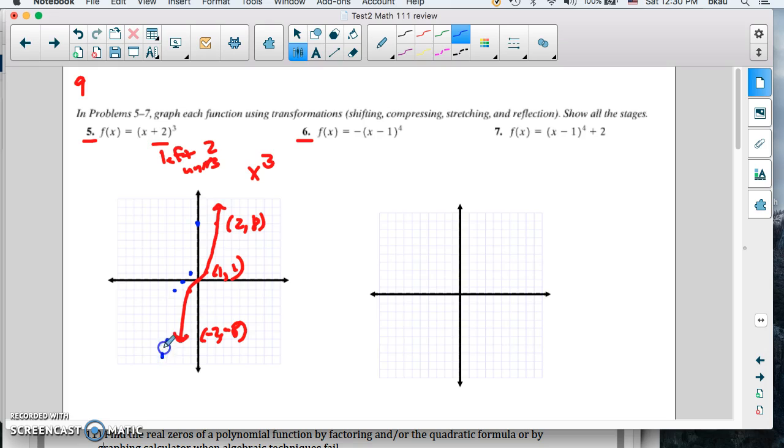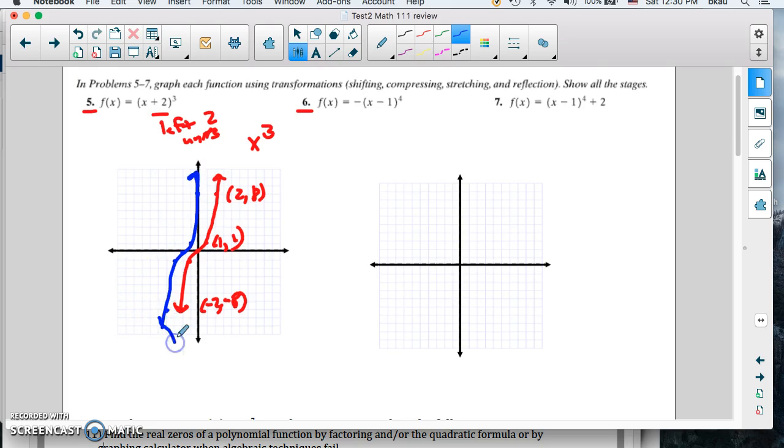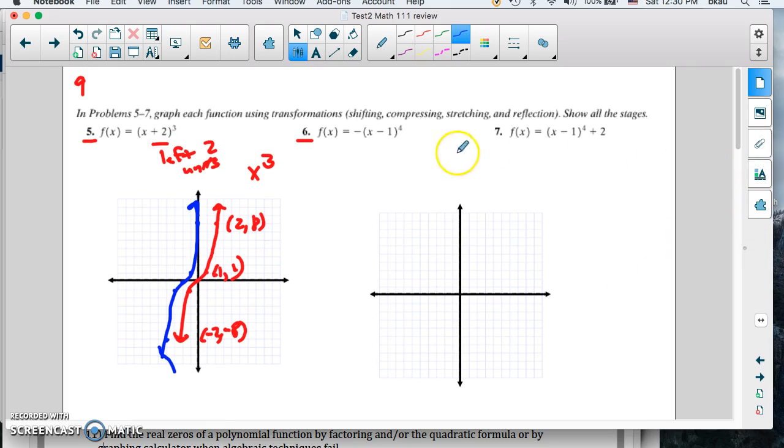So our graph would be like this. All right, that would be your stages. Just 2 stages there.